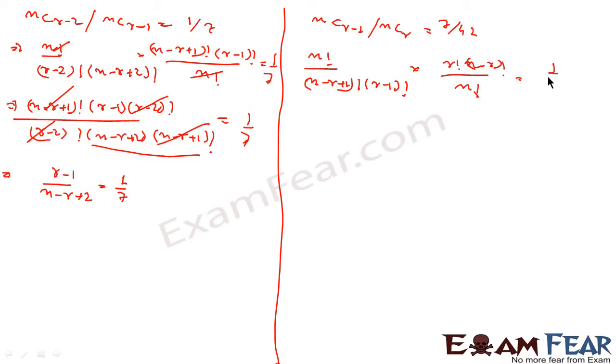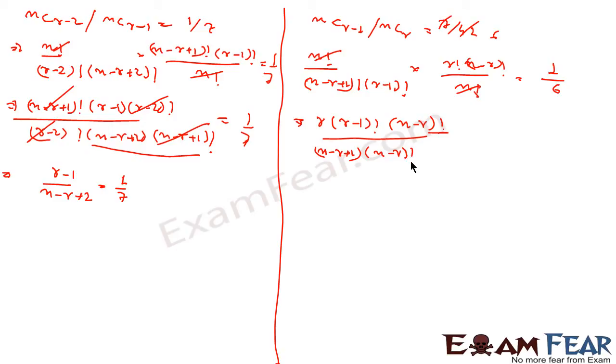I can also say 1 by 6, because I can cancel this. This equals 6. So I can cancel n factorial here, and r factorial I can say is equal to r into (r-1) factorial, and this (n-r) factorial I can keep as it is, and (n-r+1) factorial I can say (n-r+1) into (n-r) factorial, because I wanted to cancel this.